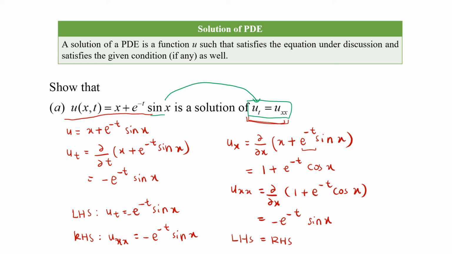But what if they only give you this equation and you need to solve it to get the value of u? In order to solve this, you really need to have conditions, called boundary conditions or initial conditions, in order for you to get the solution of this equation.